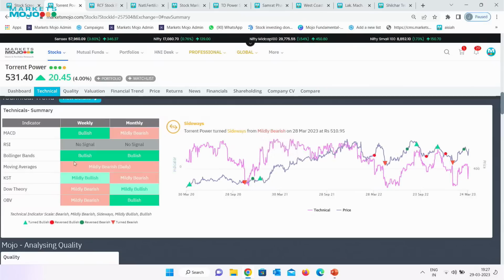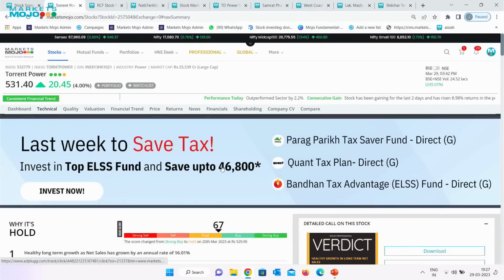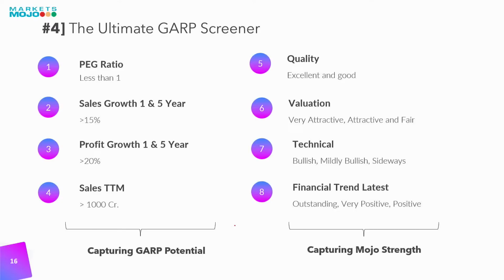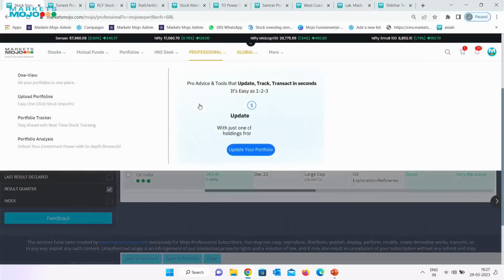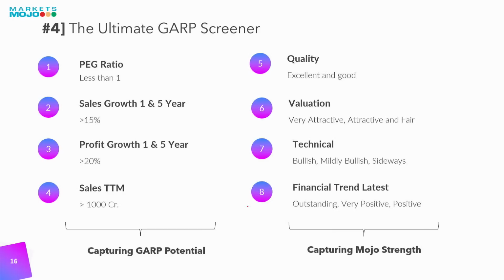And if all this becomes green and you buy this particular stock, you're capturing a higher potential than waiting for it to become a buy rated or a bullish stock. But understand it's currently still at hold at the corner. I'd be more comfortable when it comes to the buy range. But once again, when we combine the markets Mojo ideology along with the GARP potentials, we have 4 stocks which fall in the list today.